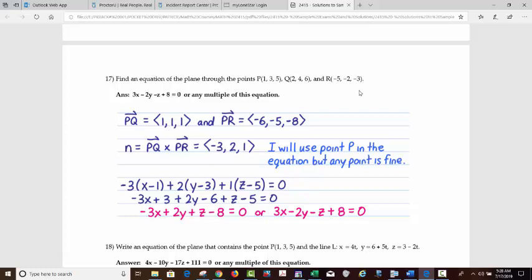Normal is used a lot of times with planes, and orthogonal is used with vectors, so it's just used at different times. But any of those mean the same thing, 90 degrees. So I have to get the normal vector, which was given in the last problem, so I have to do a cross product of these 2 vectors right here. So negative 3, 2, and 1.